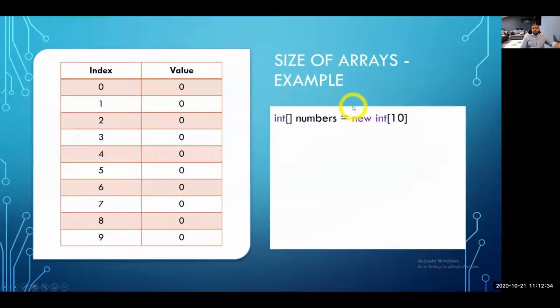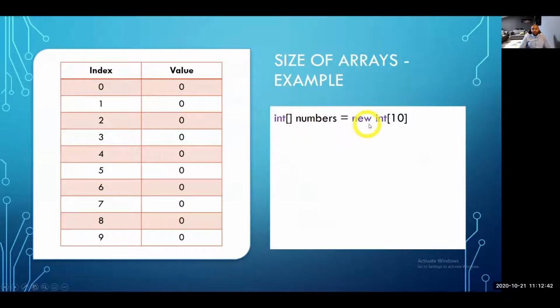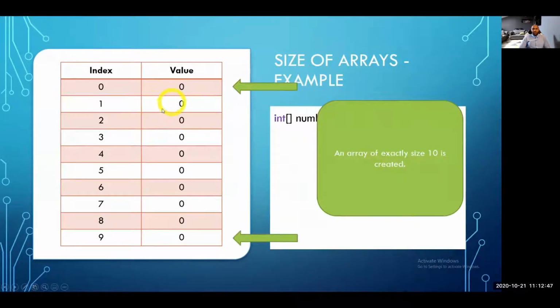Let's just show an example of the size of. I just did this, an array of exactly size 10, right? Int numbers equals new int 10. Therefore, that array will be exactly size 10. There will be 10 indices in our array.